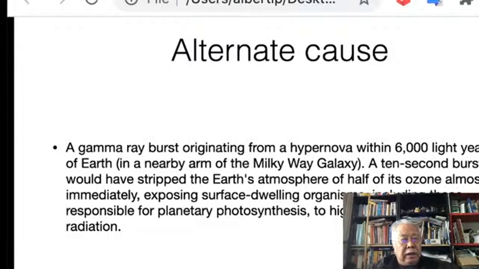There are a lot of other explanations. Nobody is exactly sure why there was extinction, but mainly the extinction events fall into several different categories.